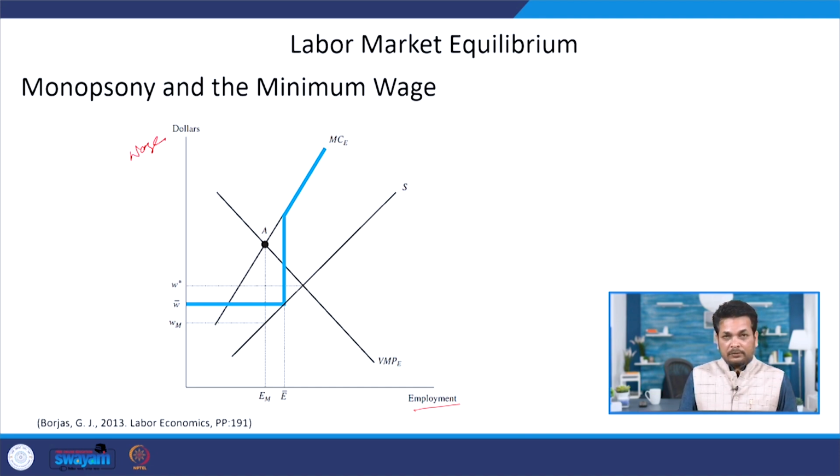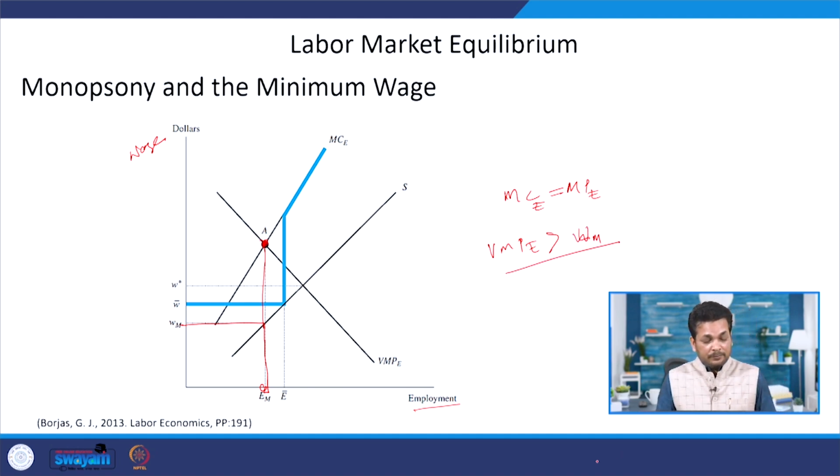As you can see, in a monopsonist situation the labor market is at equilibrium at point A, where the marginal cost equals the marginal product of labor. At this point A, the firm is employing EM amount of workers, giving them WM wage rate, and the value of marginal product of labor is higher than this wage rate WM, which may lead to some kind of exploitation.